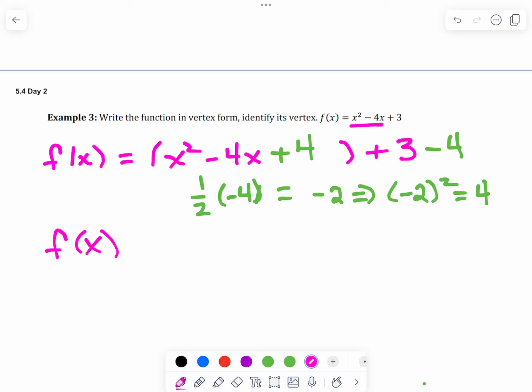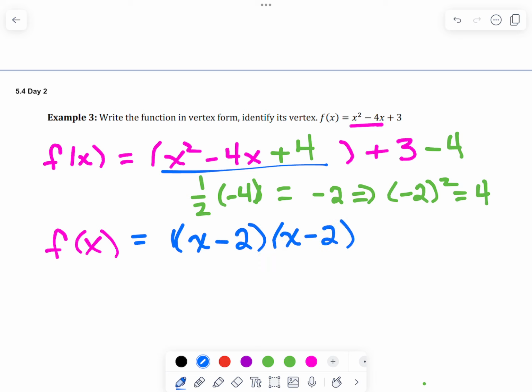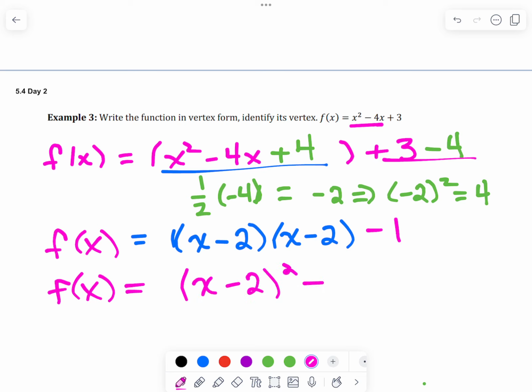So we factor the trinomial. The factors of 4 that add to negative 4 are x minus 2 and x minus 2. And then outside here, this just becomes negative 1. Now we have those two binomials in the blue condensed to one binomial squared.